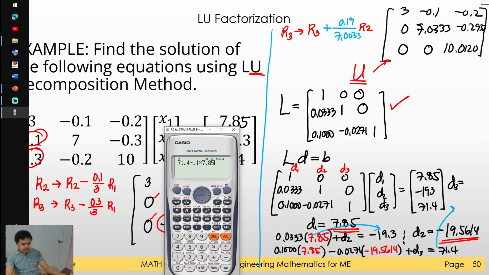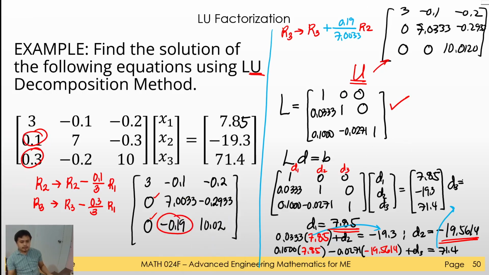This will now be positive and then negative. So minus 0.0271 times 19.5614. So 70.08. Is that correct? Okay, that's correct. 70.0849.